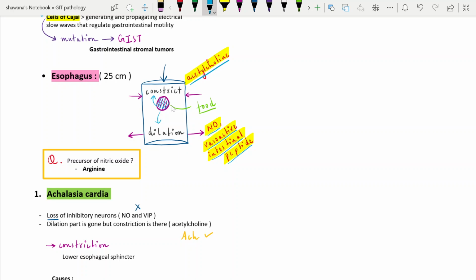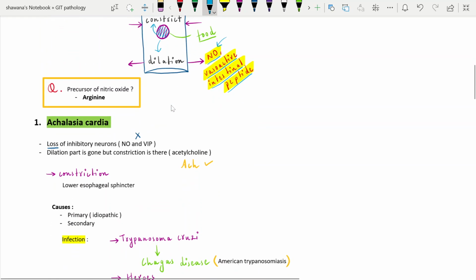A worthwhile question here is: what is the precursor for nitric oxide, where is the nitric oxide coming from? It's arginine. Arginine is an amino acid from which nitric oxide is formed. So it's worth memorizing.